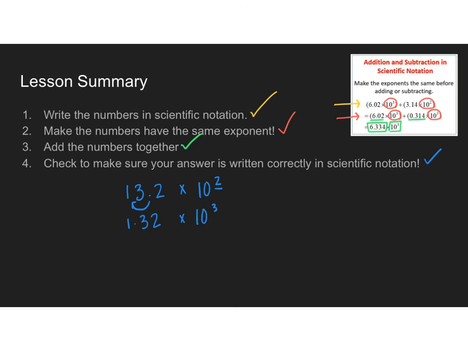If I had 0.132 times 10 to the fifth, and I wanted to write this in scientific notation, I would make this one space bigger, right? And so I would make this one number smaller. Okay, you'll always do the opposite. If you need to write that down, write that down. Otherwise, we're going to go ahead and go over the exit ticket real quick.